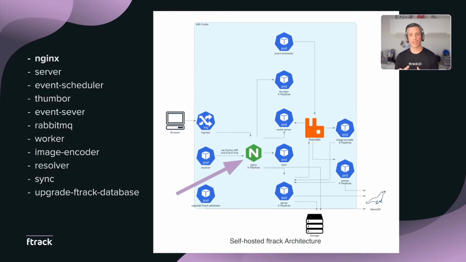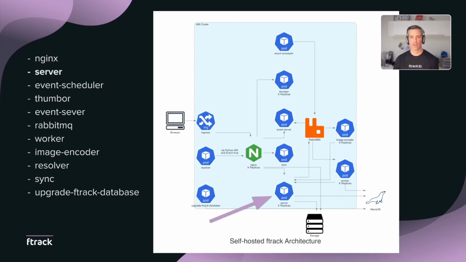The NGinx component connects directly to a persistent volume for data storage of static files. These static files include things like HTML and JavaScript files, of course, but also the video and image media that you're going to be uploading to Ftrack for review.